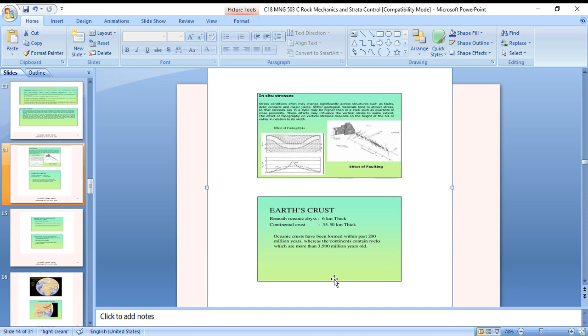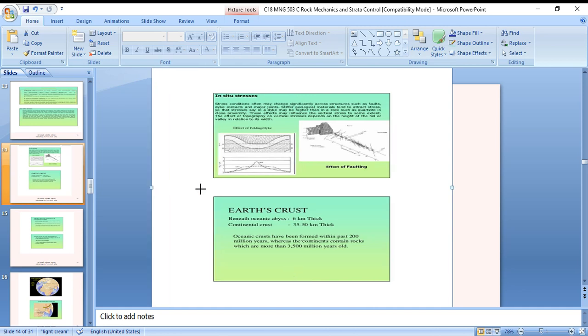The stress conditions often may change significantly across the structure, such as a fault or dike contact and a major structure. Geological features tend to attract stresses, so the stresses in a dike may be higher than in the surrounding rock such as quartz.